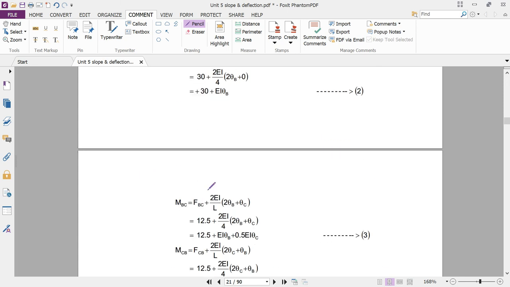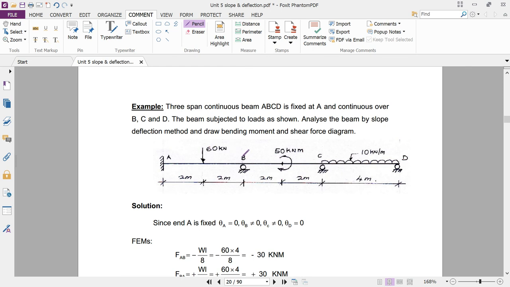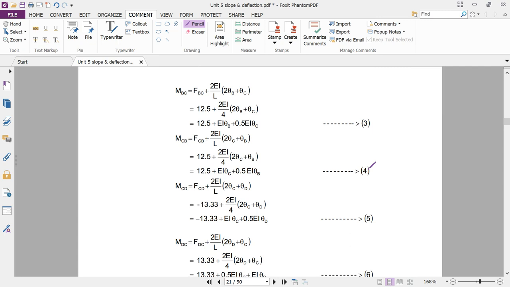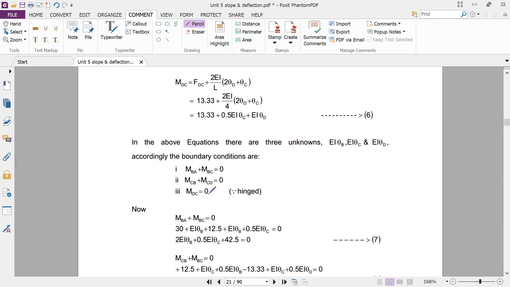Let us see the diagram. M of BA plus M of BC equal to 0 is the first equation at joint B, and M of CB plus M of CD equal to 0 is the second equation. The third is M of DC equal to 0, since D is already a hinge support.